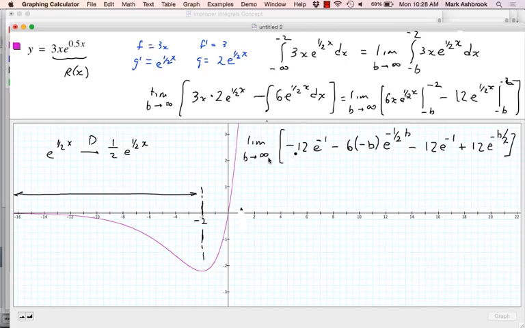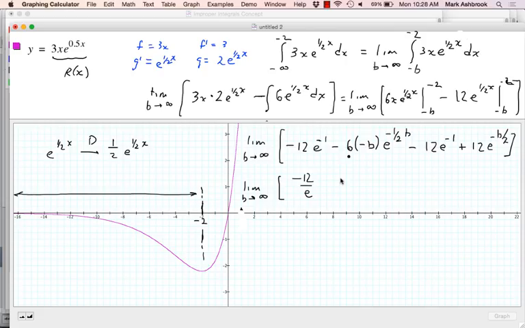All right, so as b gets very, very big negative, this is just itself. This doesn't care what b does, right? There's nothing to do with b. So this is -12 over e. All right, what about this? As b gets very, very large, we're going to write another step here. A little more to do here.